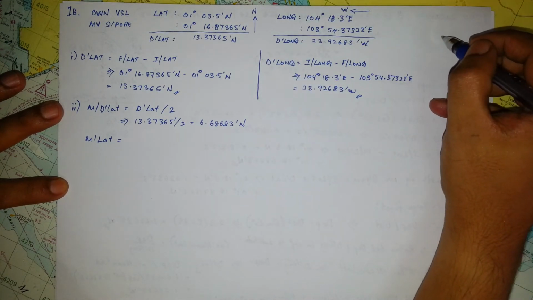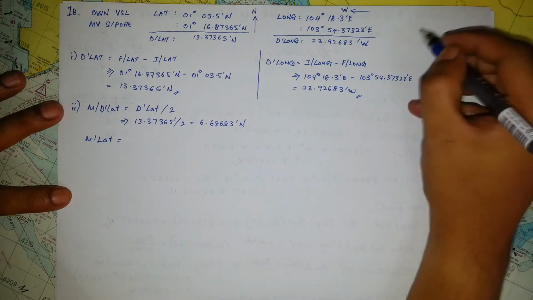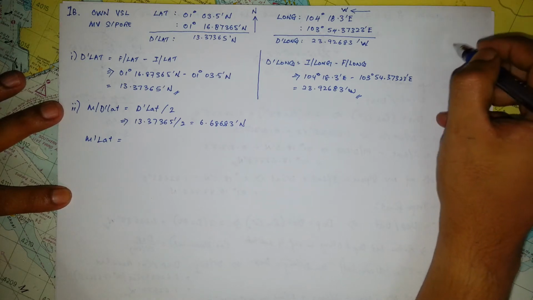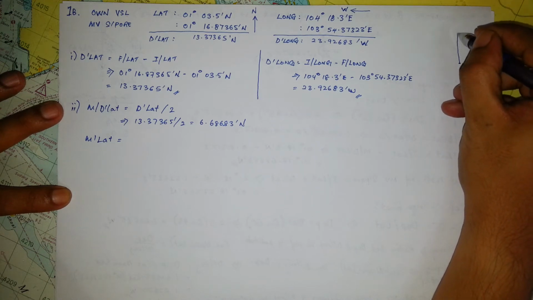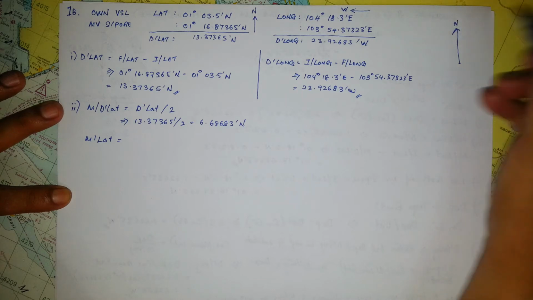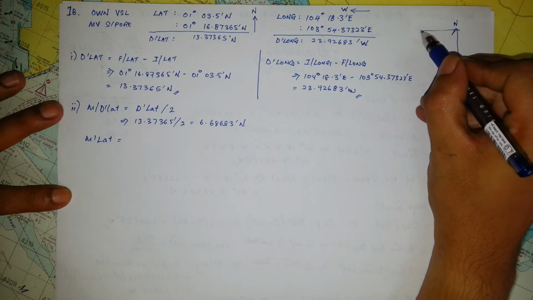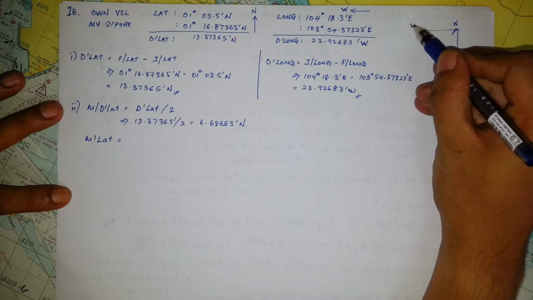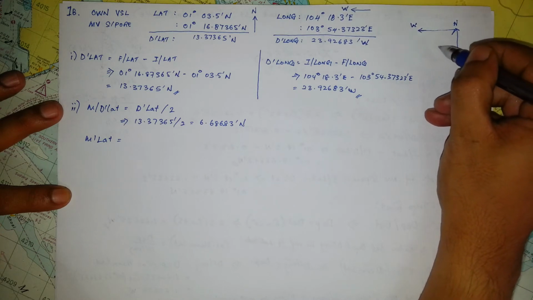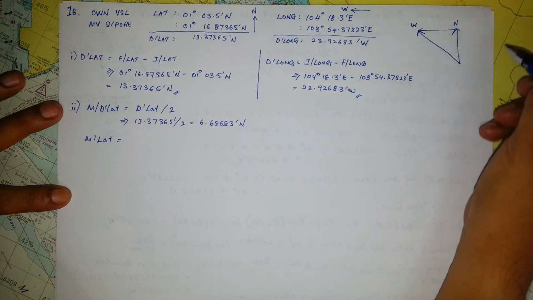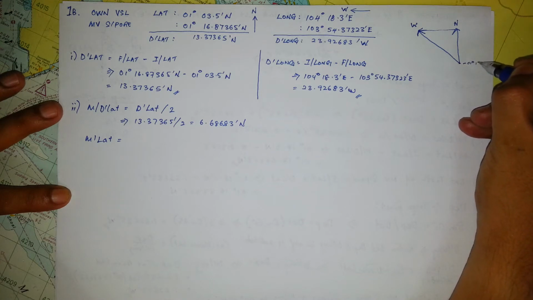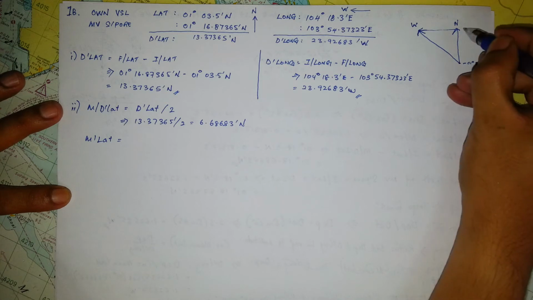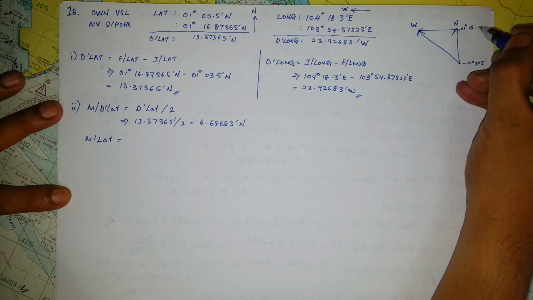We can look at the drawing, our sketch. So this is your own vessel. Your own vessel travels north direction, and from north direction it goes to west direction, and this is how your vessel proceeds. So this is your initial at 01 degrees 3.5 to 01 degrees 16.